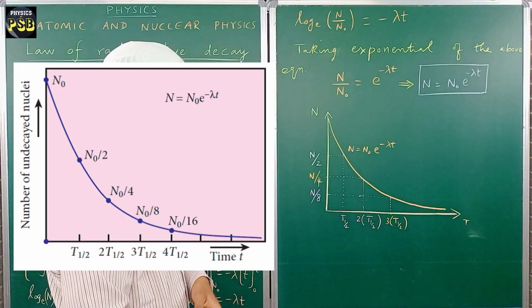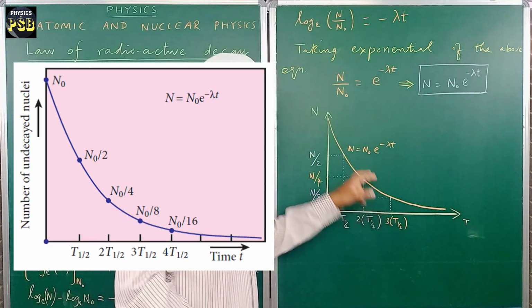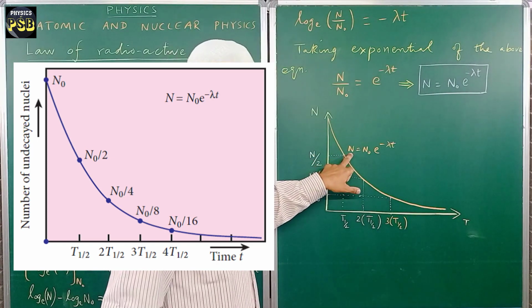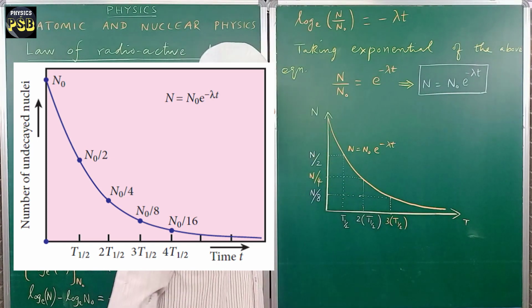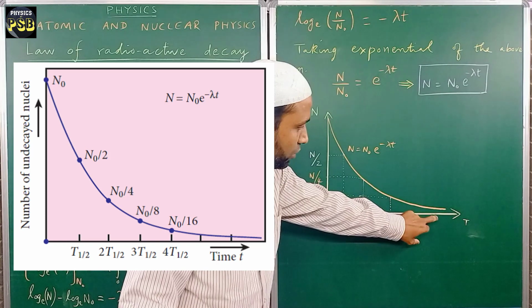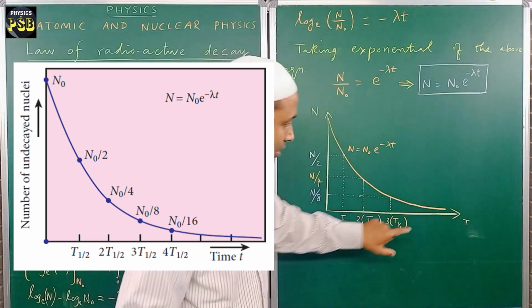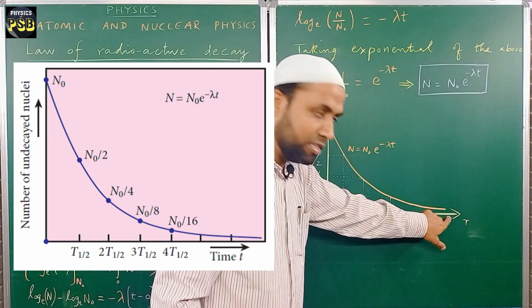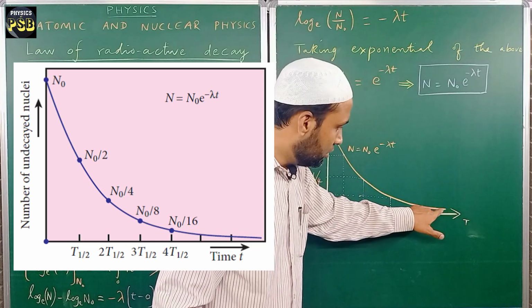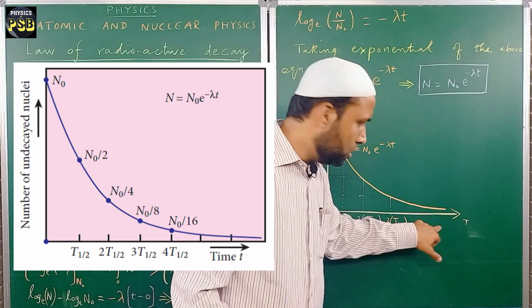So this clearly shows that as the time goes, nuclei decay exponentially. But here, if you observe this graph carefully, you may find that the curve does not touch the axis. At this point, it goes almost parallel to the x-axis.